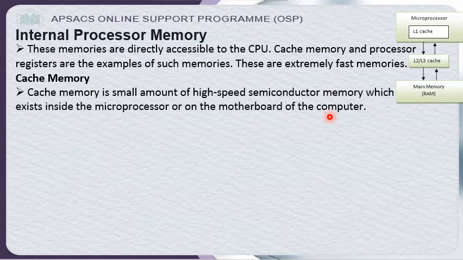I'm using the word microprocessor here because when we talk about L1 cache memory, L1 is inside the CPU, but L3 cache memory is shared memory which is inside the microprocessor. L1 is inside the CPU, L3 is inside the microprocessor. And remember that your microprocessor can have 2, 4 or 6 CPUs.